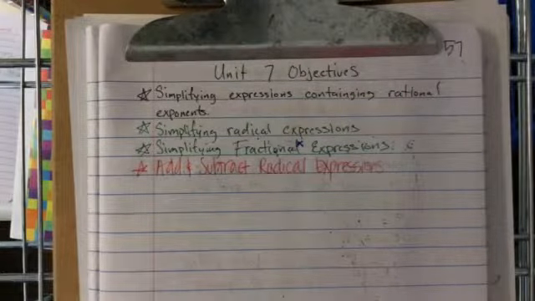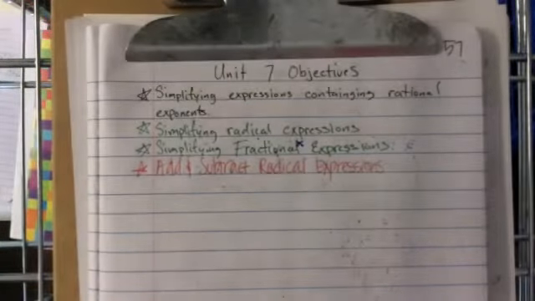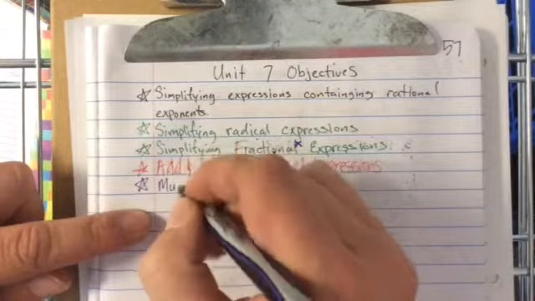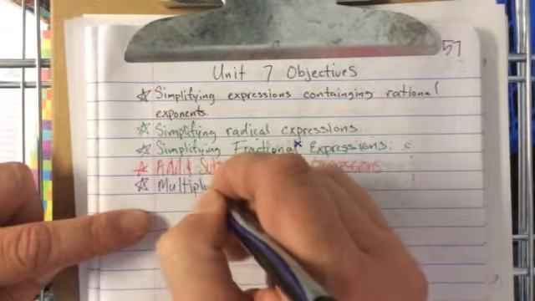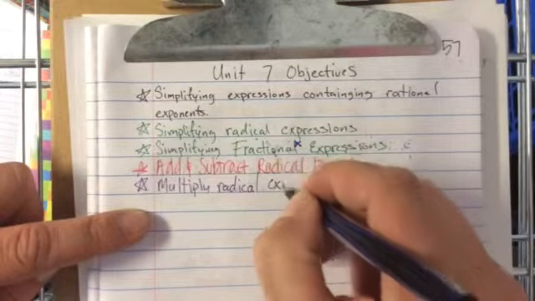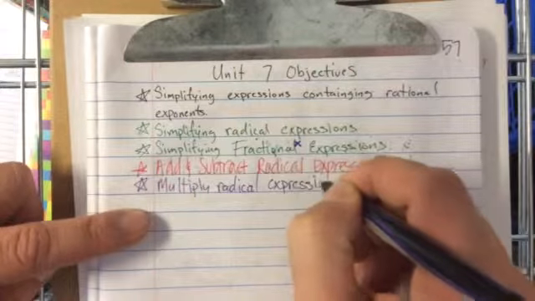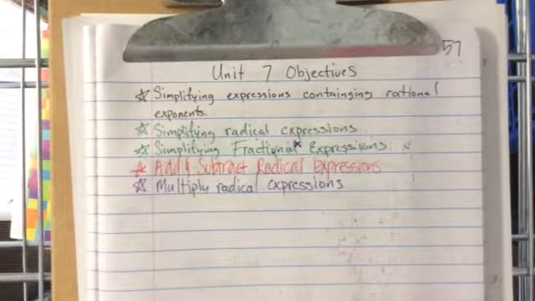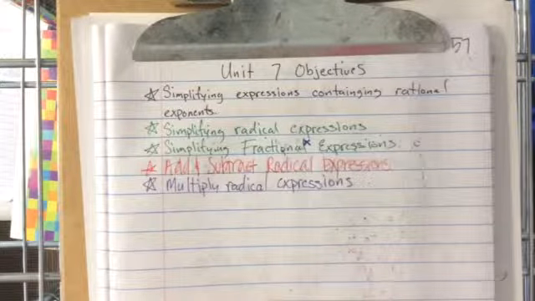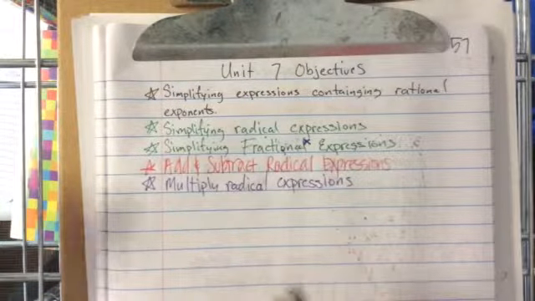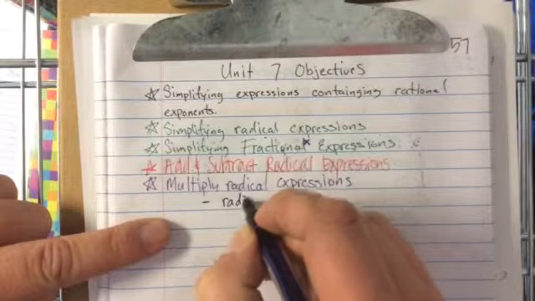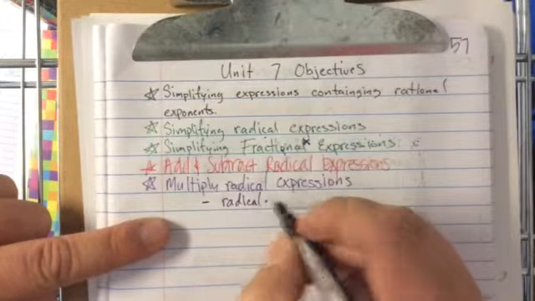So, the objectives for today are to multiply radical expressions. So we're multiplying radical expressions. Today, we're going to talk about a radical times a radical.